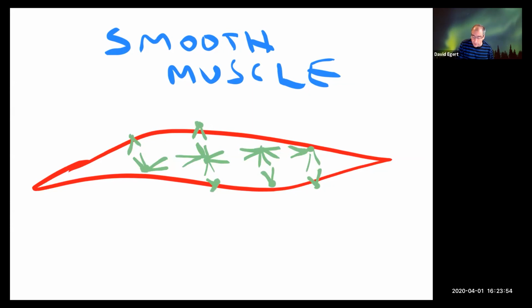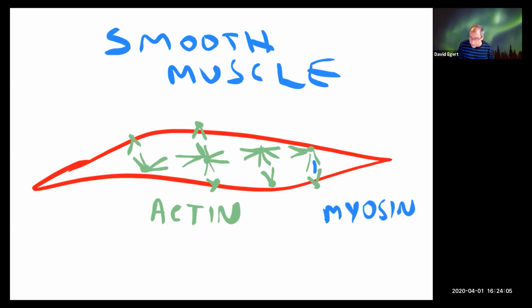In this picture I'm drawing, actin is green and myosin is blue. The myosin is in between these little pockets of actin, but it's going in more of a lattice structure. So when this thing contracts, it's going to more just squish in rather than elongate in a linear fashion.